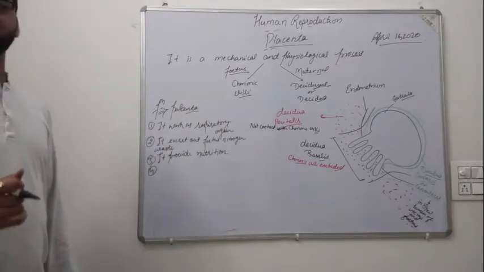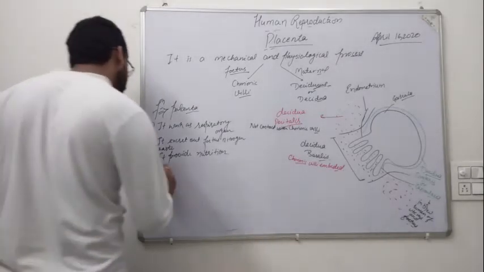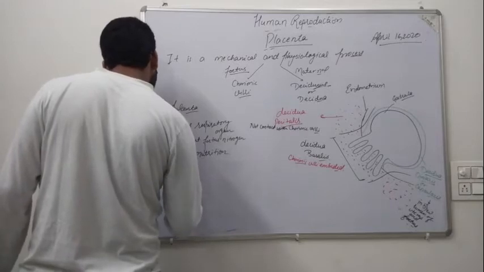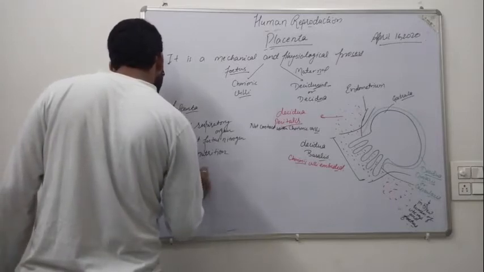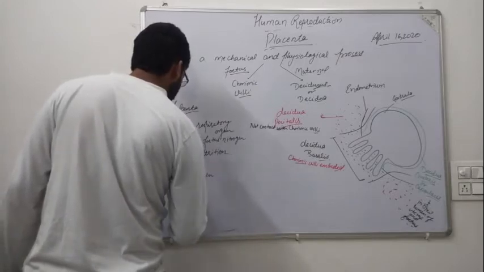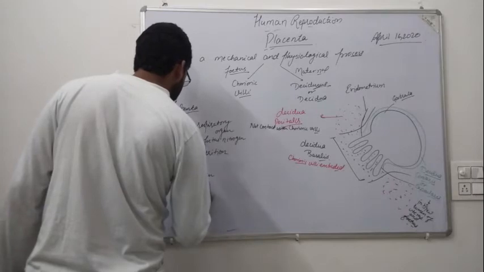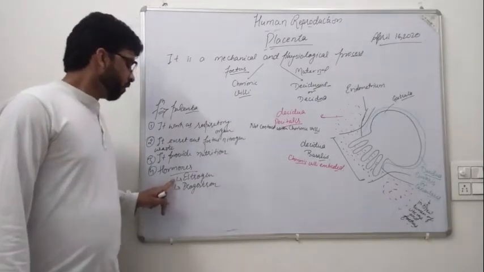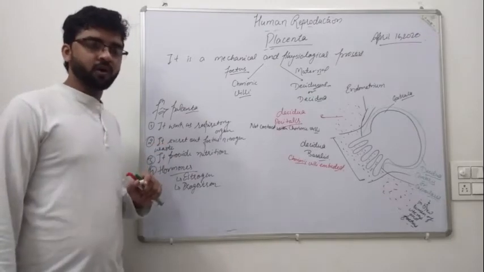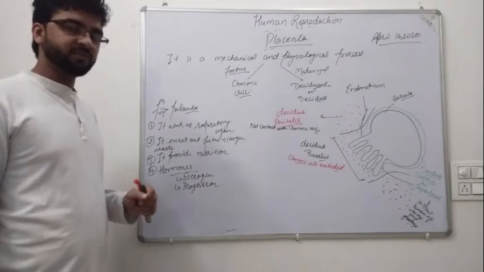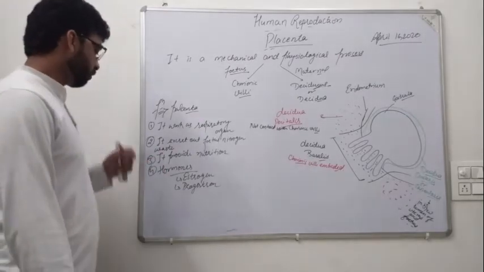Next, it also secretes some kinds of hormones like estrogen and progesterone, because estrogen and progesterone both are responsible for the depression or inhibition of FSH in the anterior pituitary lobe. So ovulation never occurs due to the presence of these hormones.